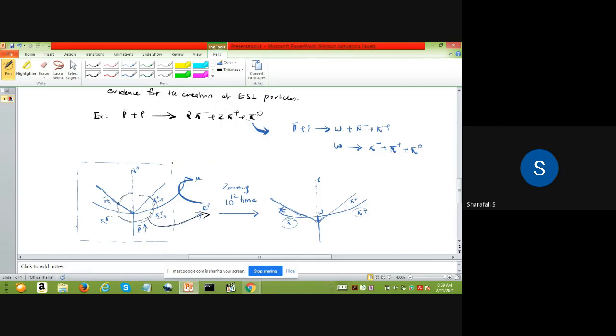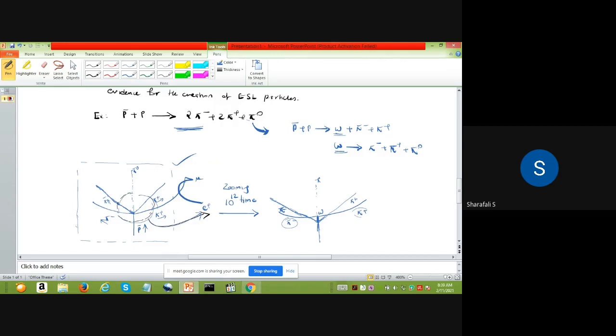So in the initial photograph, you cannot detect anything more than this reaction. But if you zoom it 10 to the power 12 times, then you can observe that there is a very small track at that junction. From that, we can understand that one new particle is created, which is omega, and that omega decays into pi minus, pi plus and pi 0.